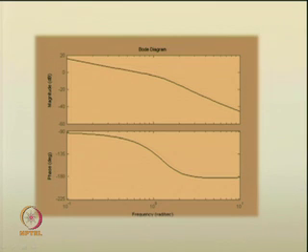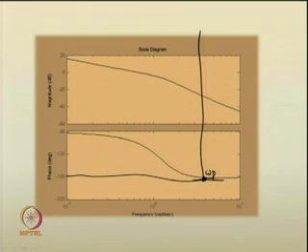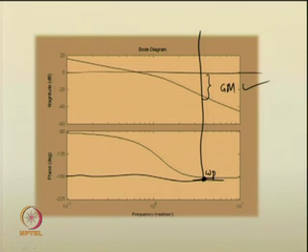So, for the phase crossover frequency, if I draw a line over here at 180 degrees, I will get somewhere like this, and from the phase crossover frequency we can draw a line vertically and find how much you are away from 0 dB. This much will give you the gain margin. So, minus of this value will give us the gain margin. So, we get a quite high gain margin for the system.